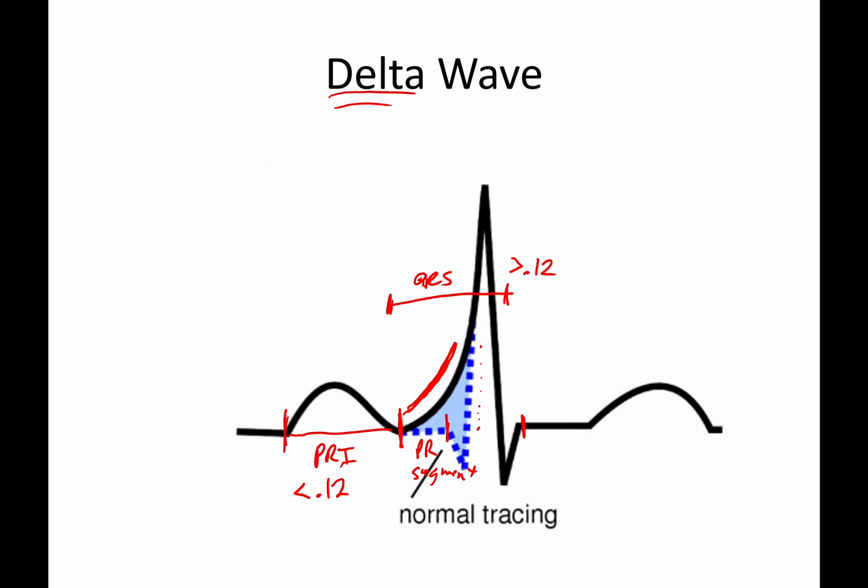And so you can see how the wider QRS is actually subtracted from the PRI to create a short PRI, wide QRS. And that's how people might mistake this for a bundle branch block. But again, it wasn't a nice sharp one like this. This one has a gentle wave upward. All right, that's a delta wave.